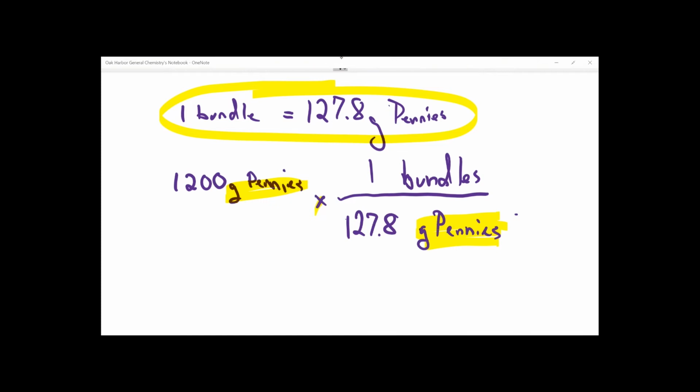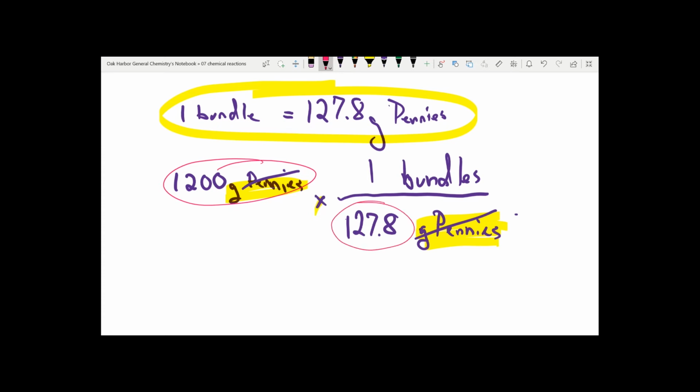So now I have used a conversion factor in such a way that these units factor out and leave me with the number of bundles of pennies. So I take this number that is on the top, 1,200, and I divide it by 127.8. And I have the bundles of pennies. That comes out to be 9.4 bundles.